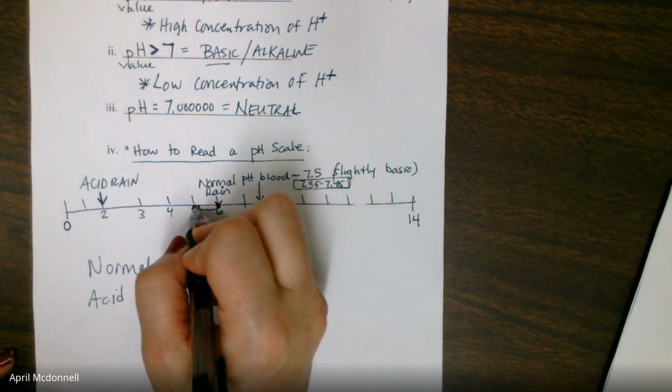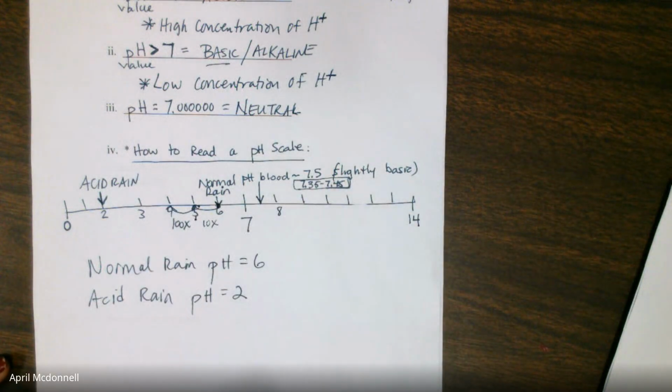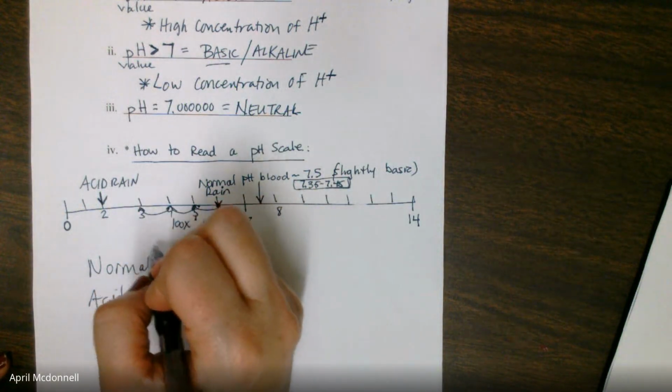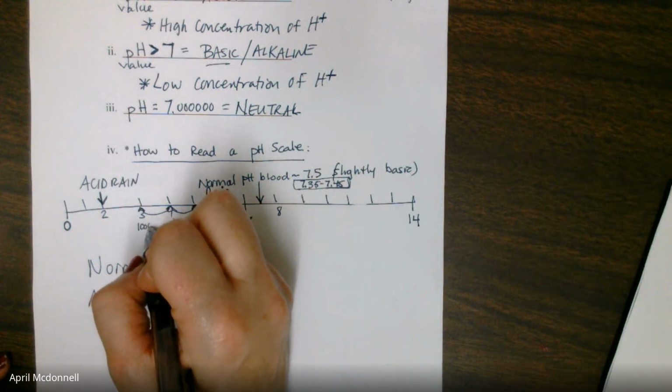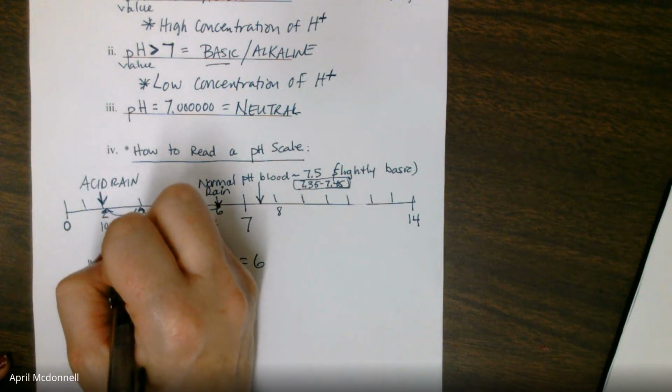And if you move from 5 to 4, it's going to be 100 times more acidic. You just keep adding zeros at each value, 1,000 times more acidic, and then finally 10,000 times more acidic.